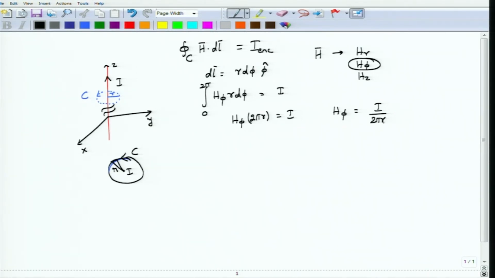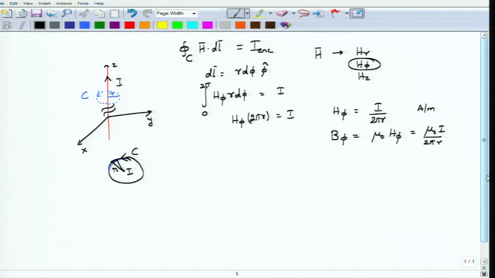So for a given value of r, this circle amplitude must be constant. Once you know H phi, it is a very simple matter to find B phi. B phi will be mu 0 times H phi, and this is given by mu 0 I by 2 pi r. Remember that H has units of ampere per meter. So this is how we have used Ampere's law in order to obtain the magnetic field.